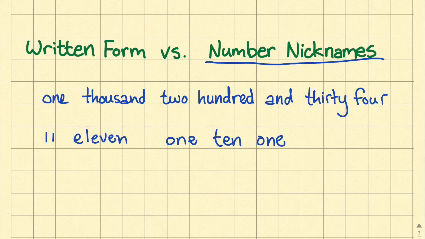Really simple. 22 would be 2, 10, 2. 153 would be 100, 5, 10, 3, etc. So if we had this number, 1,234, it would be 1,200 and then 3, 10, 4. It's just a different way of saying it, not that dissimilar from written form, but really helps to show the pattern for things.